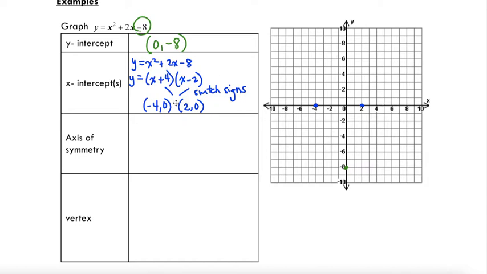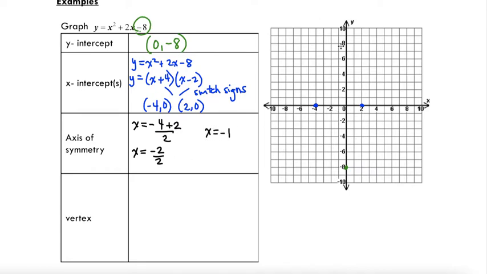So now I'm going to take that information and find out where my axis of symmetry is. The axis of symmetry says that I need to take my values for my x-intercepts, add them together, so -4 plus 2, and divide that by 2. So -4 plus 2 is -2, and -2 divided by 2 is -1.